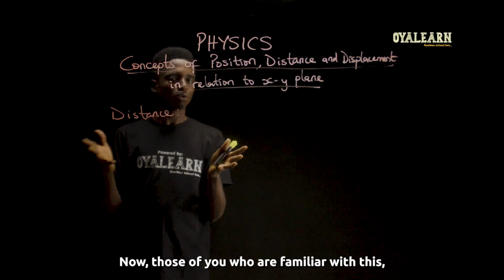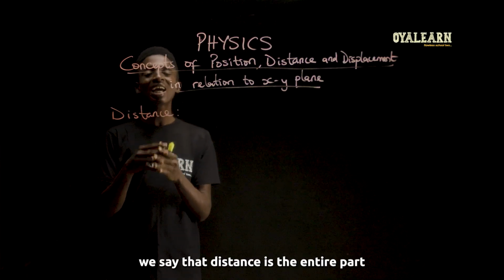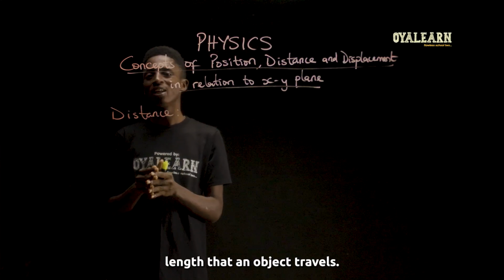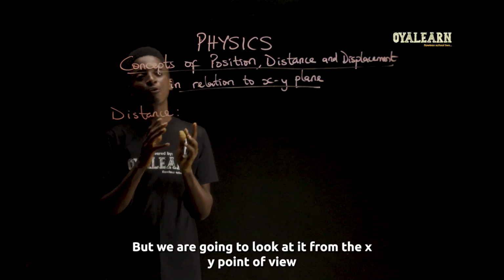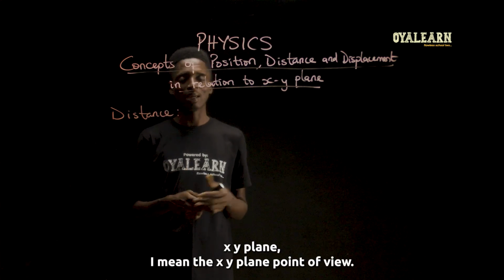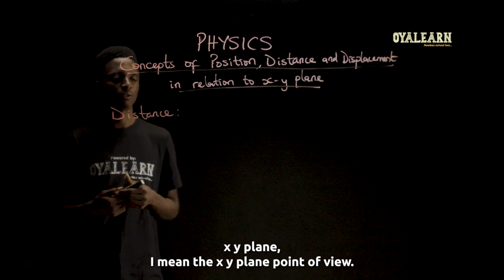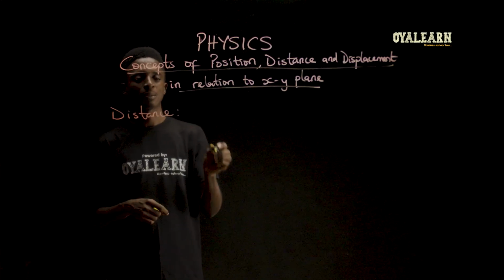Now, those of you who are familiar with this, we say that distance is the entire path length that an object travels. Okay? But we're going to look at it from the XY plane point of view. So let's first put down the meaning of the word distance.